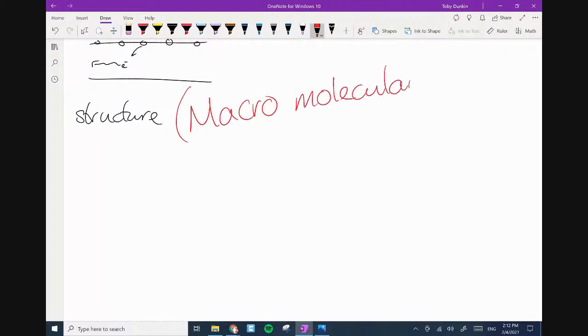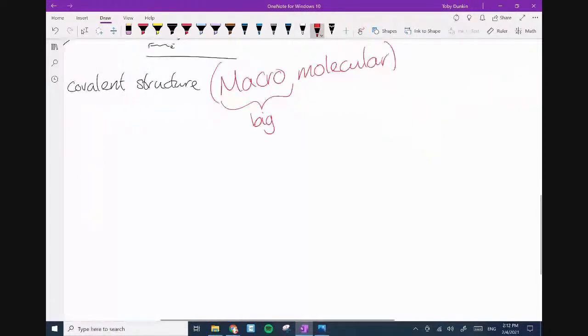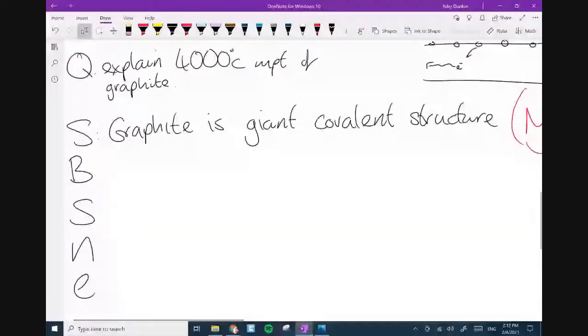The word macro means big. It's the opposite of micro. This is a big molecule. But we just call them giant covalent structures. But it's just nice that there's another name for this. It's called macromolecular. We say giant covalent at GCSE, but that appeared on a GCSE paper, which I spotted recently, so I thought I'd add it into my lesson. Graphite is a giant covalent structure.